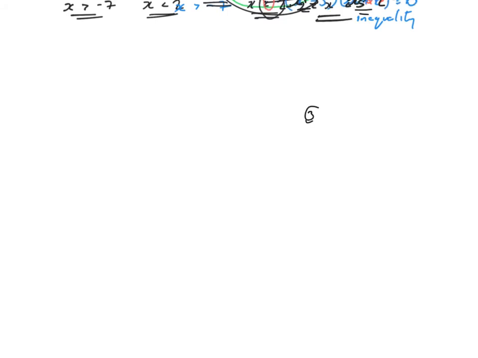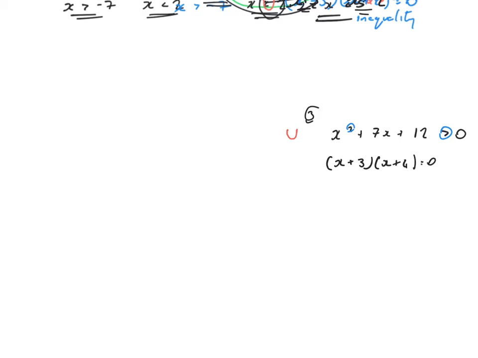Okay, example 3. X squared plus 7x plus 12 is greater than 0. Okay, it's a quadratic inequality. I'll need to make a sketch. It's a positive x squared, therefore it's concave up. Two numbers multiply give 12, add together gives 7, is 3 and 4.